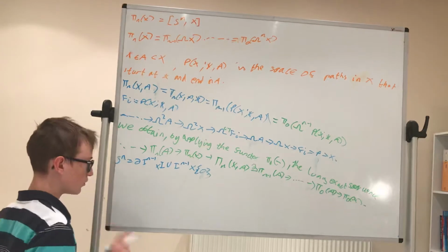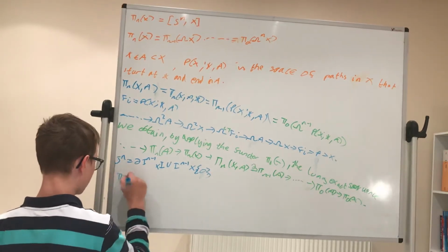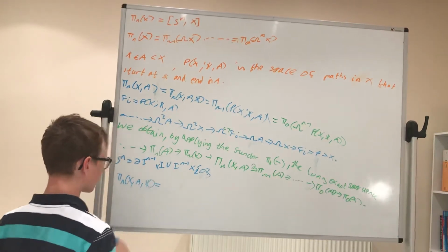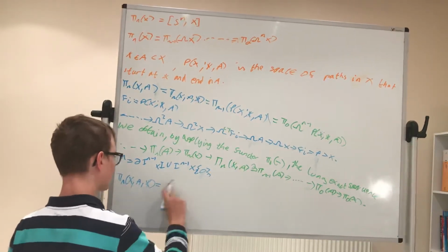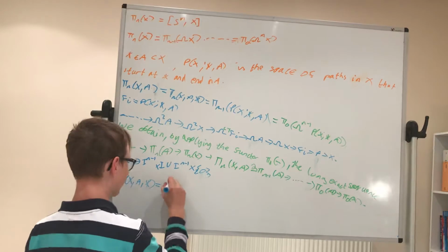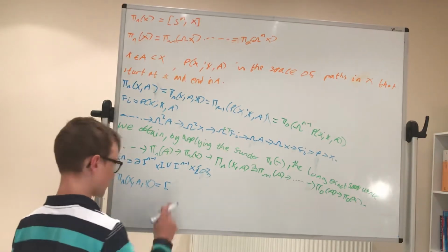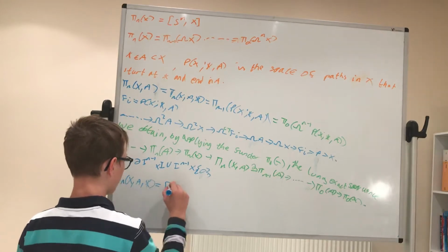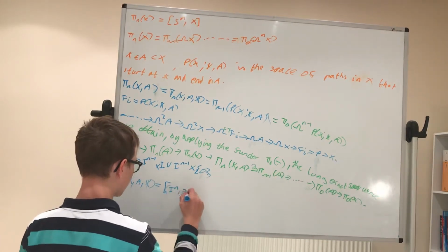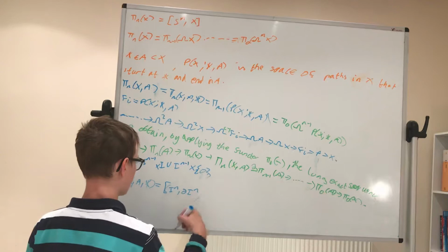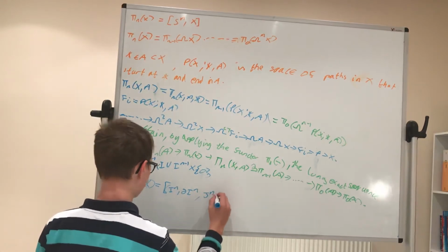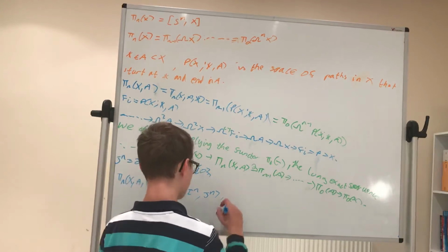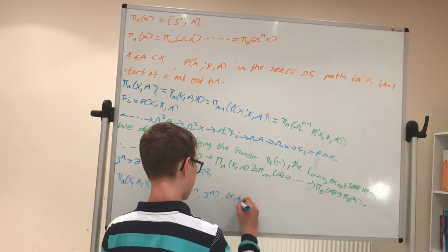And now we have pi n of x, a, star is equal to, and now we're going to have homotopy classes of maps between triples, and I'll explain the notation in a minute. Let me just write it out. So I'm going to have the boundary of I n, J n, and then we're going to have x, a, star.